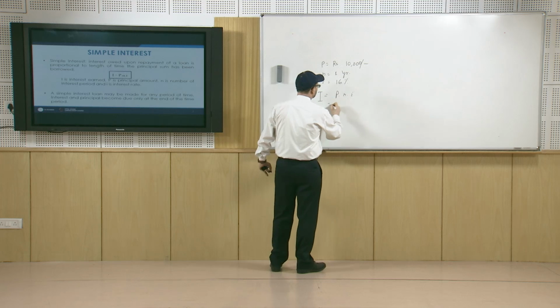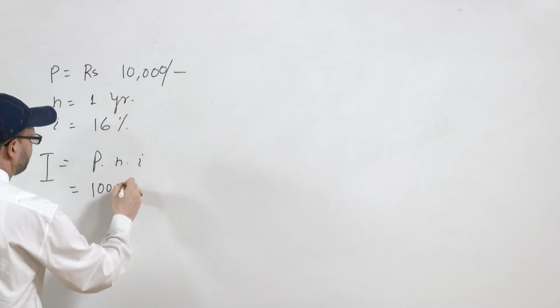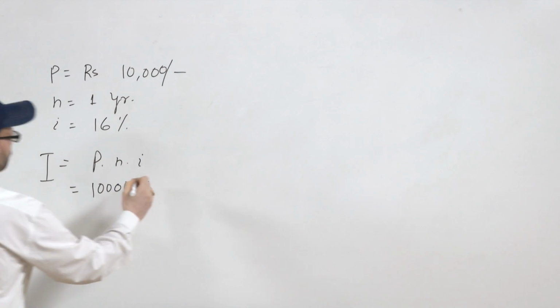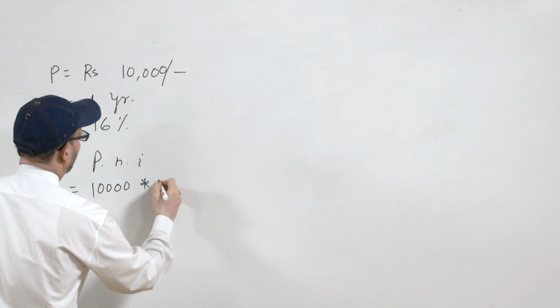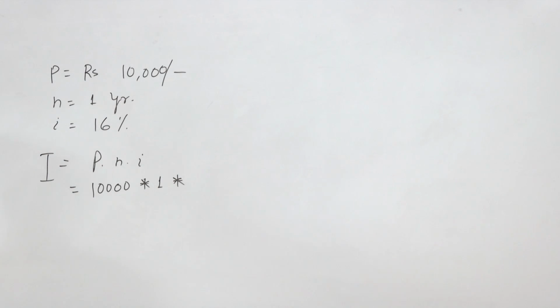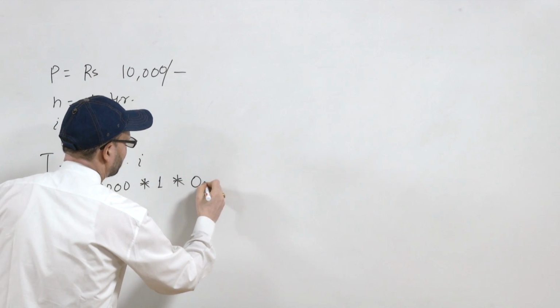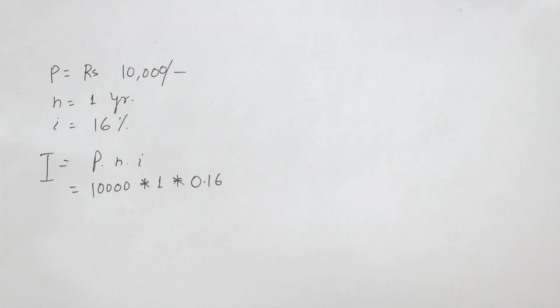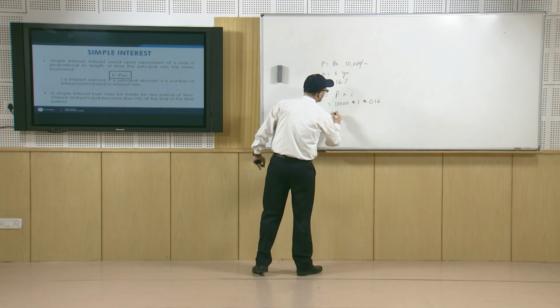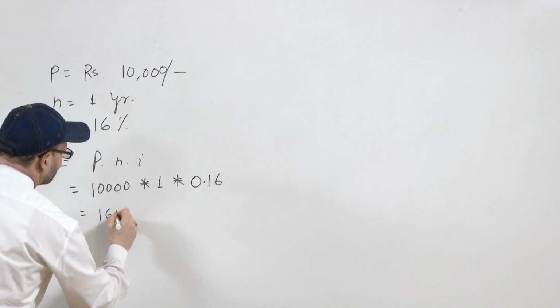So P is 10,000 multiplied by N, that is 1 year, because your interest period is also 1 year, and then the interest rate is 16%, so that is 0.16. In that case simple interest comes out to be 1600.